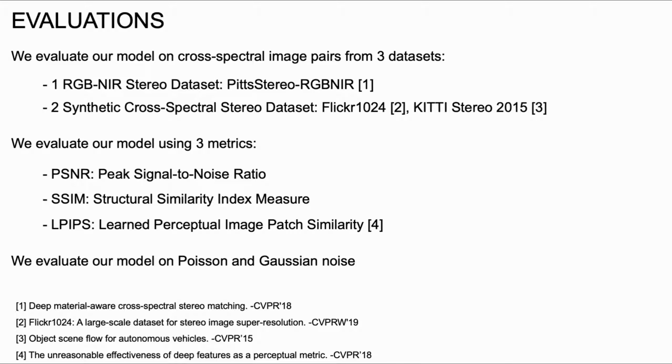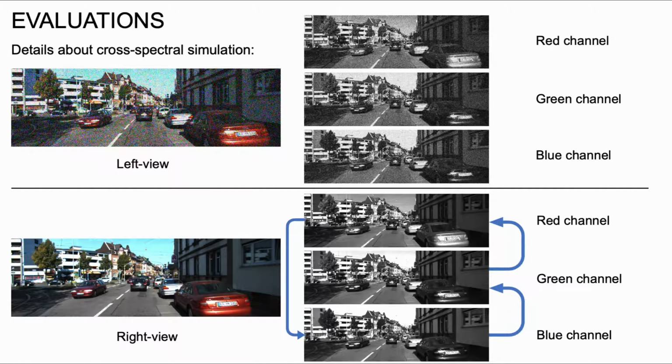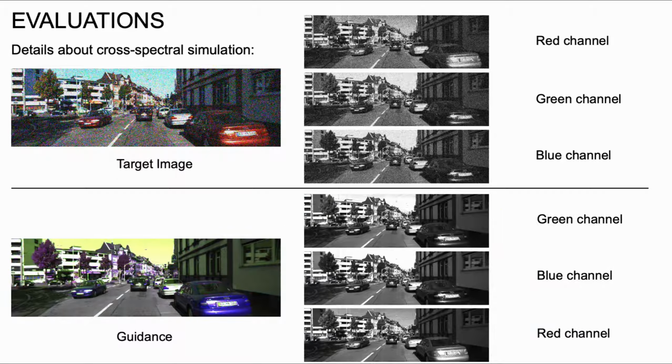To demonstrate the effectiveness of this framework, we evaluate our model under Poisson and Gaussian noise on 3 datasets including an RGB-NIR one and 2 synthetic cross-spectral ones. We use PSNR, SSIM and LPIPS for quantitative evaluation. For the RGB-only stereo datasets, we switch the channel order of the right view images to simulate the cross-spectral cases.